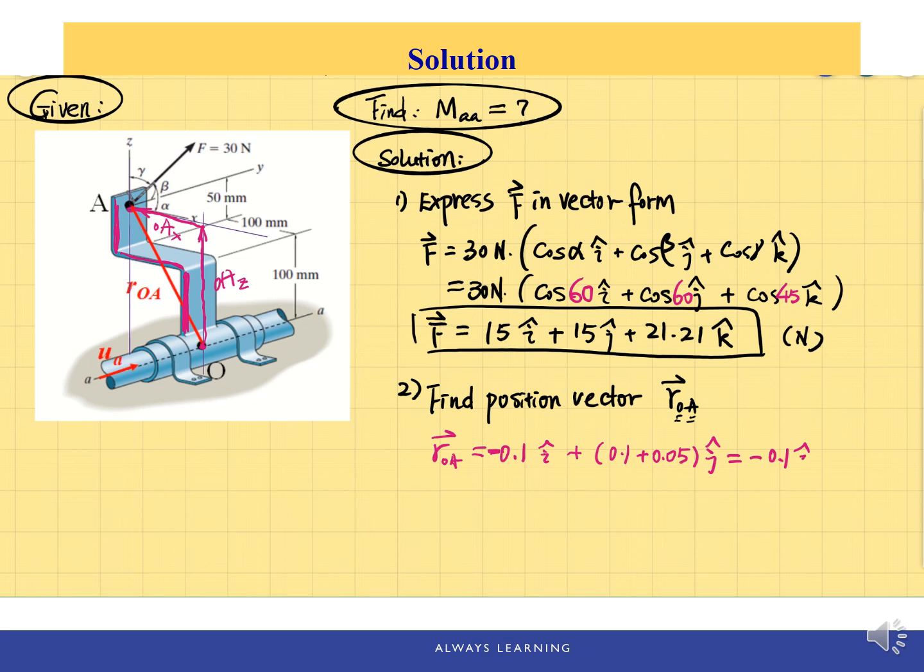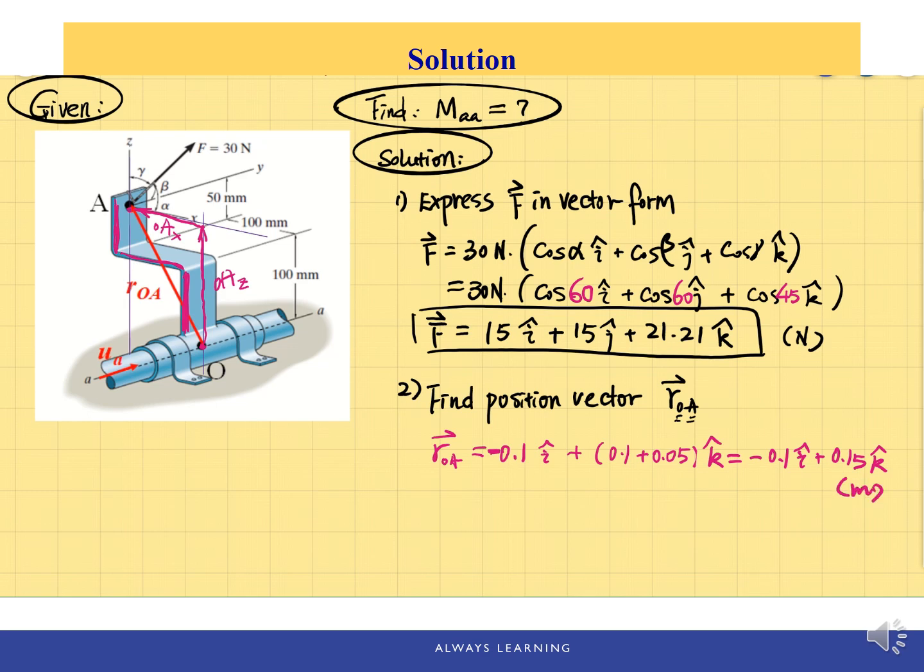So I have negative 0.1 i hat plus 0.15 k hat. Sorry, that's the k direction, or z direction. So it has a k hat component, it doesn't have a y component.